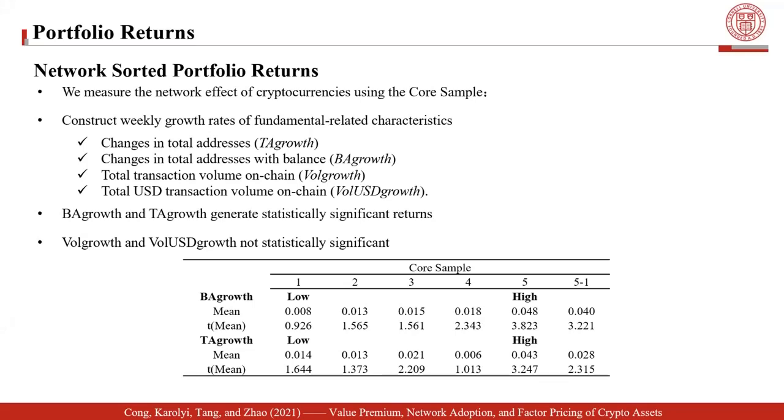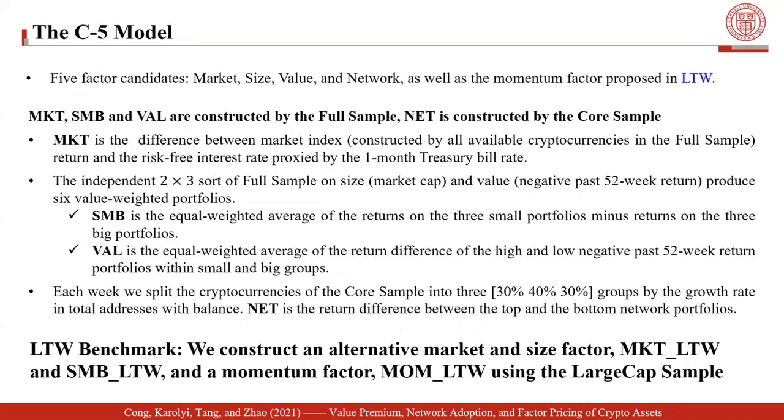Basically, we're going from characteristics to building factors. And here is the factor model we propose. We can construct market, size, all from a Fama-French standard construction, just using cryptocurrency data. The value we construct is the reversal, the negative of the 52-week return.